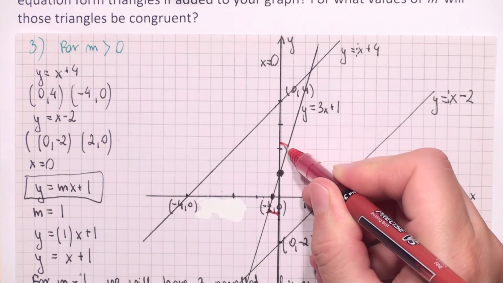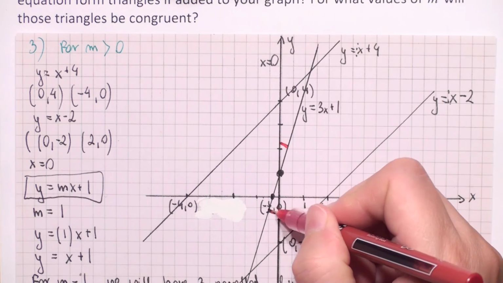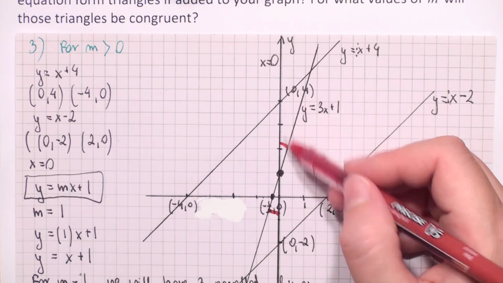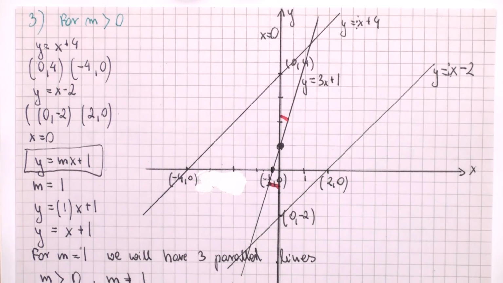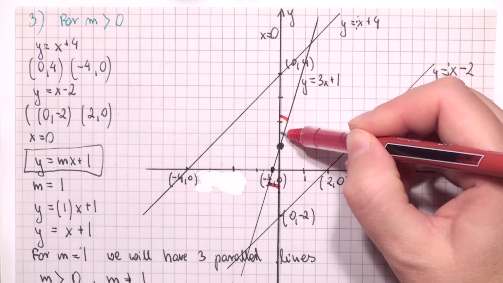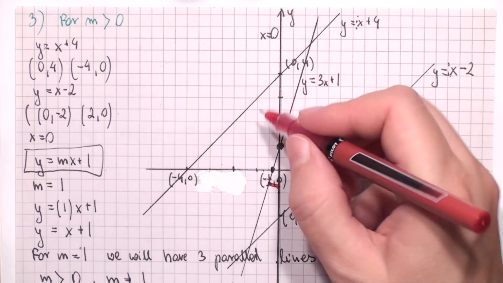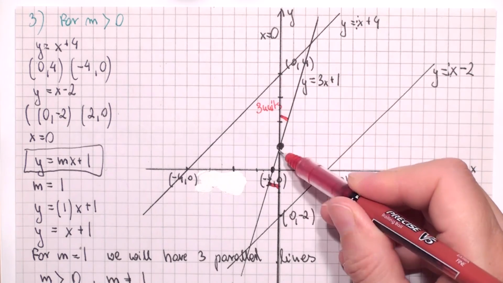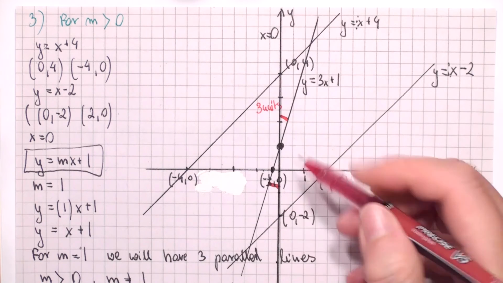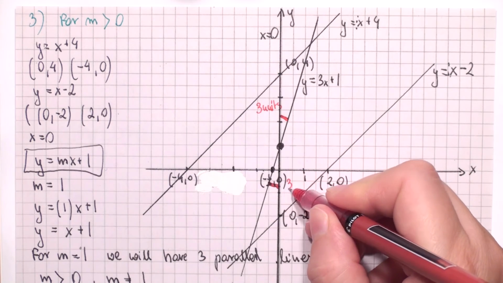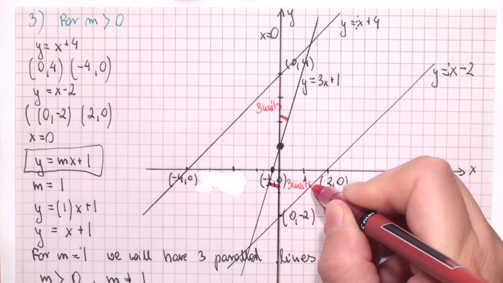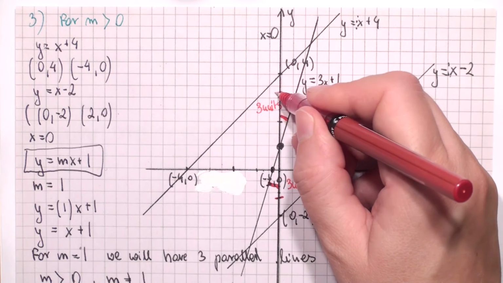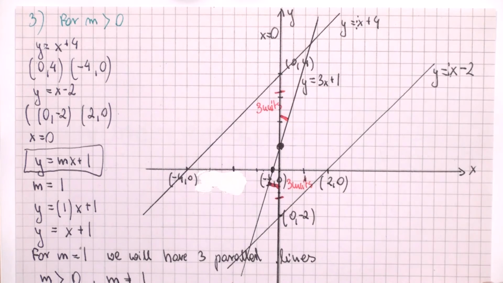So we have these two congruent angles. What else? We can count that this segment has 1, 2, 3 units, and that one has 1, 2, 3. We have 3 units too. So this segment and that segment are congruent.